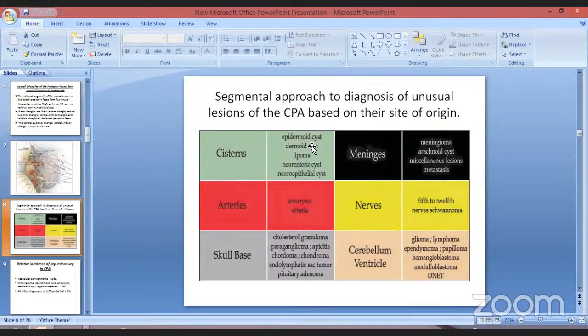In cisterns, there are epidermoid cysts, dermoid cysts; in arteries, we can have aneurysmal ectasia; skull-based tumors like cholesterol granulomas, chordomas, chondromas; in meninges, meningiomas, arachnoid cysts, and metastases; nerves 5th to 12th can have schwannomas from every nerve; and in the cerebellar ventricle, we can have gliomas, ependymomas, and obviously the commonest primary intra-axial tumor, medulloblastomas.